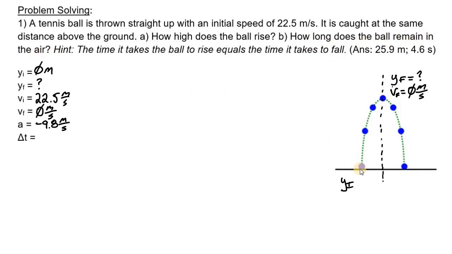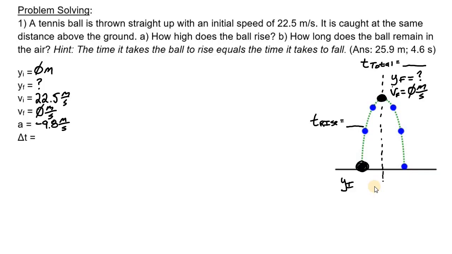Okay, so the reason why we just did that last task, where we had the T rise, the T fall, T total and T fall, was simply because of this. We are defining that this is the initial position and this is the final position.